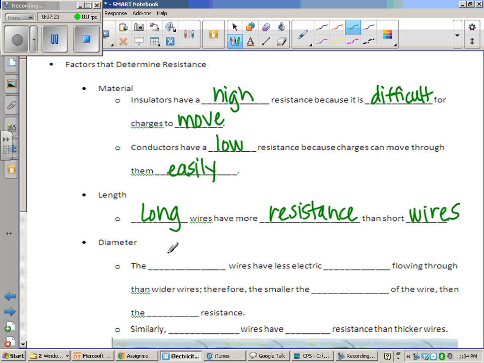Narrow wires have less electric current flowing through them than wider wires. Therefore, the smaller the diameter of the wire, the more resistance.